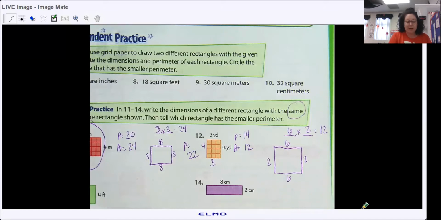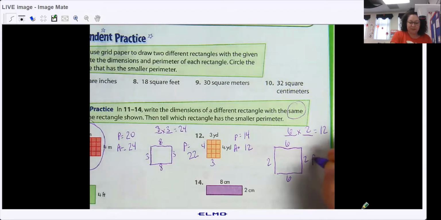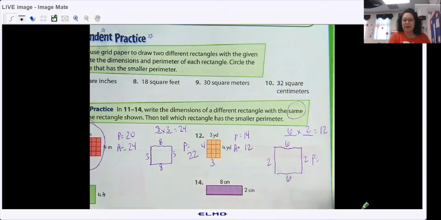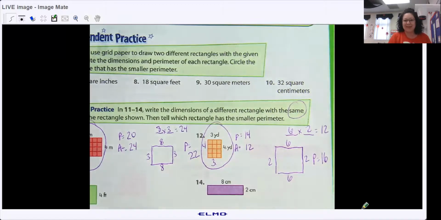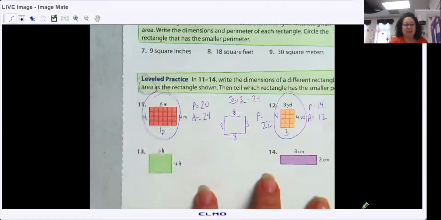And let's figure out the perimeter. 6 plus 6 is 12. 2 plus 2 is 4. 12 plus 4 is 16. And it says, which has the smaller one? This one, because 14 is smaller than 16. Okay, making sense, I bet, a little bit, I hope.